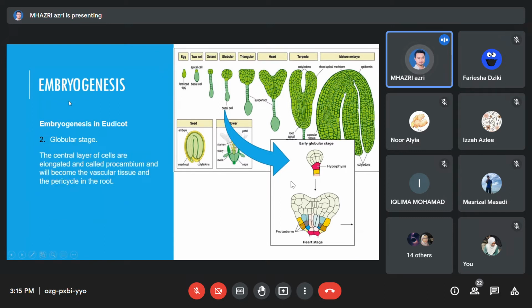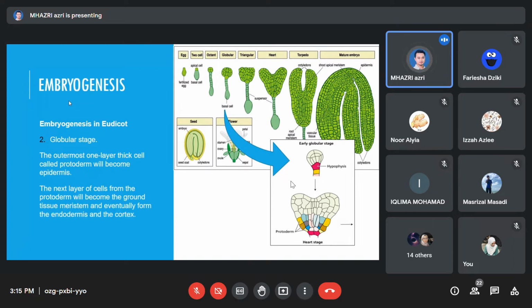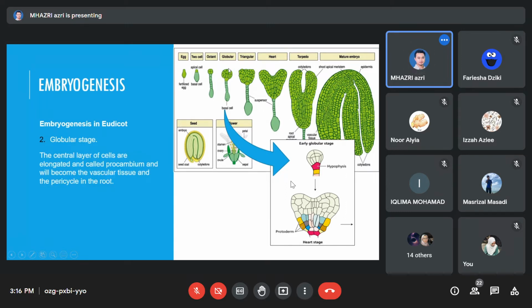And then from globula, tadi sebelah luar, okay, for globula the outer layer will become protoderms, and then the next layer behind the protoderms will become meristem tissues, okay. And then the inner regions in globula will produce procambiums, okay. And these procambiums later will become vesicle tissue and pericycle tissue in roots, okay.